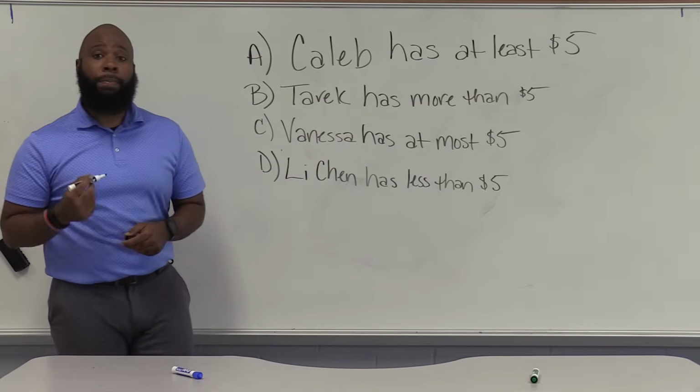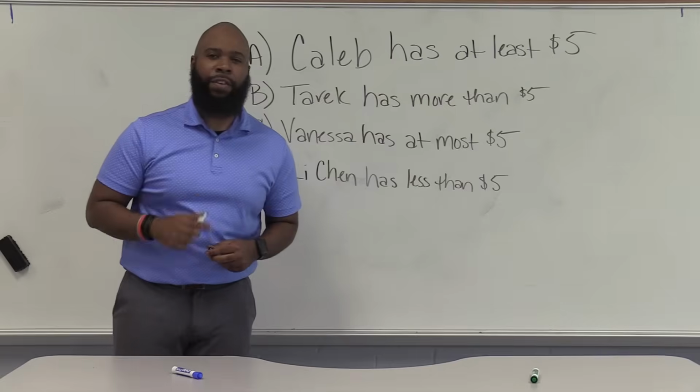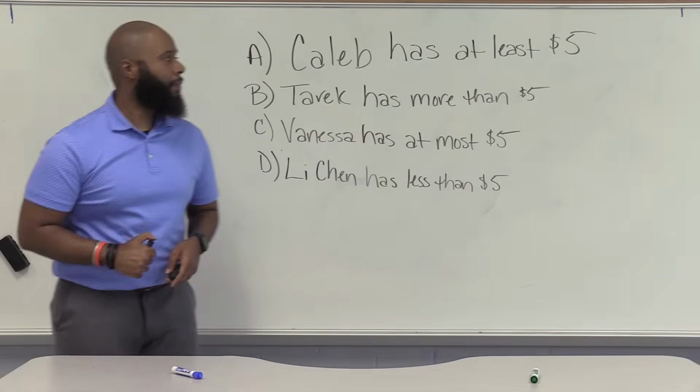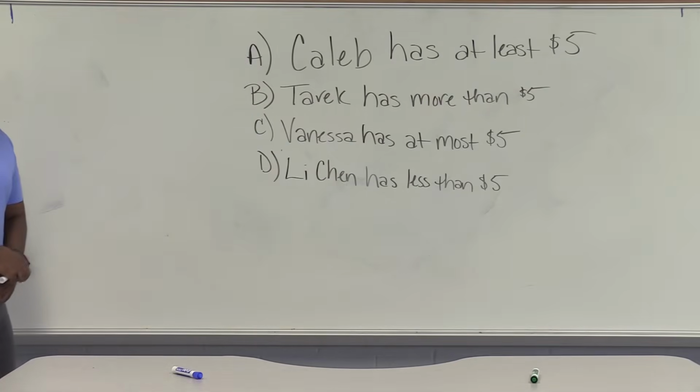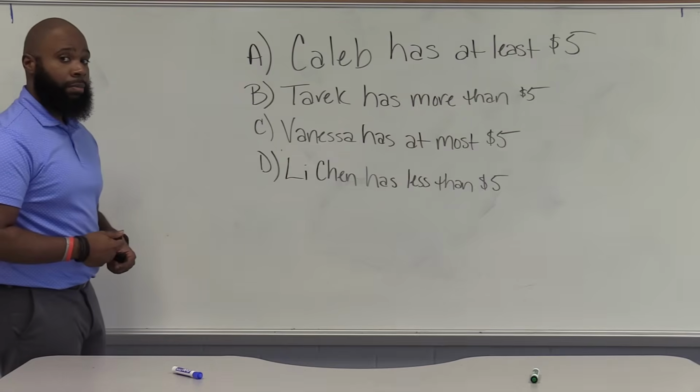All right, so what are some possible amounts of money that can fit into these four given situations? I'm gonna give you a second to think about that, and I want you to figure it out. I want you to pay attention also to key words.